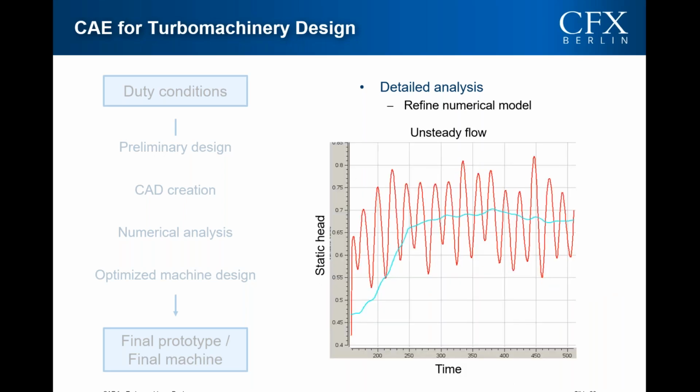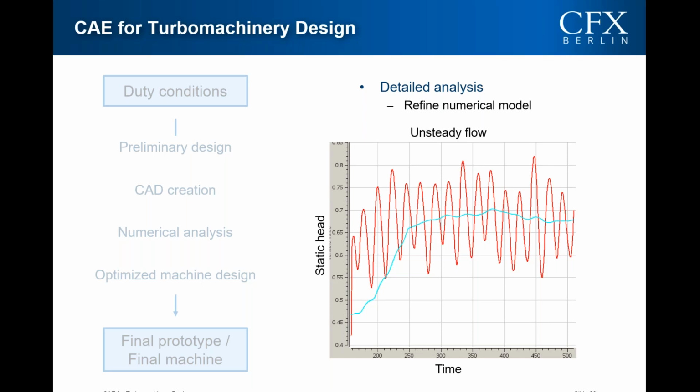Another refinement aims at the resolution of unsteady flow behavior. In general, a rotating impeller inside a volute casing is not steady. It is periodically unsteady. The steady state assumption we used before is not able to capture such fluctuations.